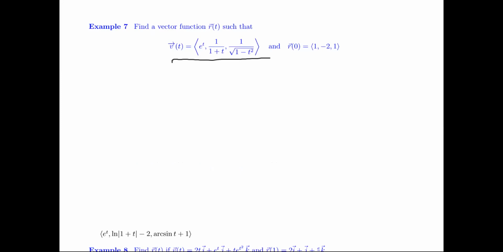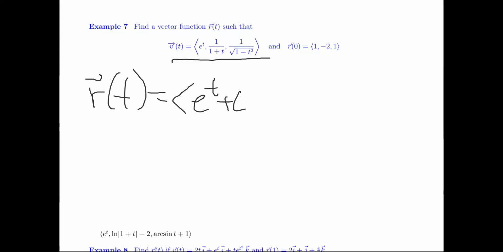We remember that for the derivative, we just took the derivative of each component. To integrate, we just take the integral of each component. So here, r of t is going to be equal to e to the t plus c. Let's call this C1 because it's going to be some constant that's different than the constants we get elsewhere.